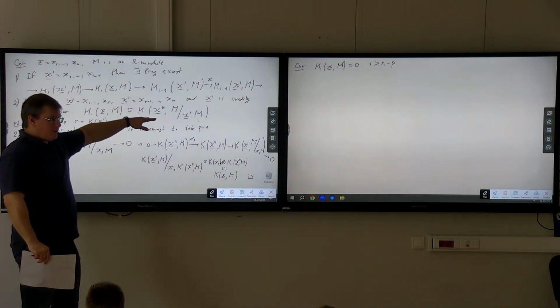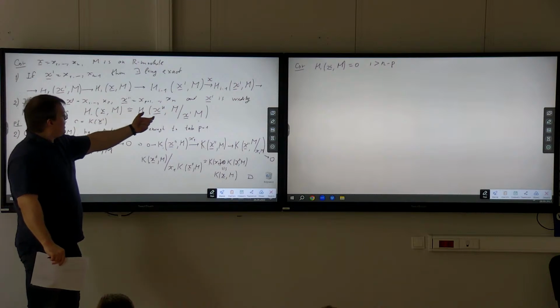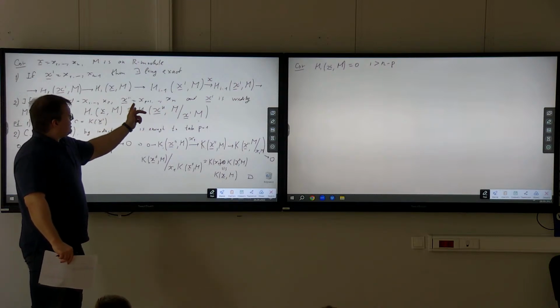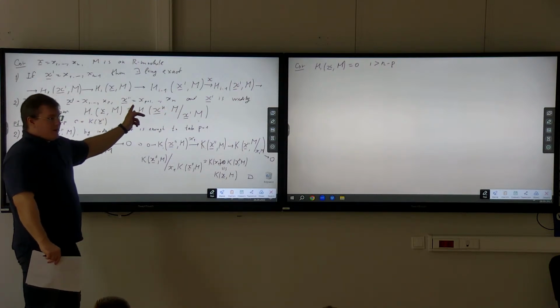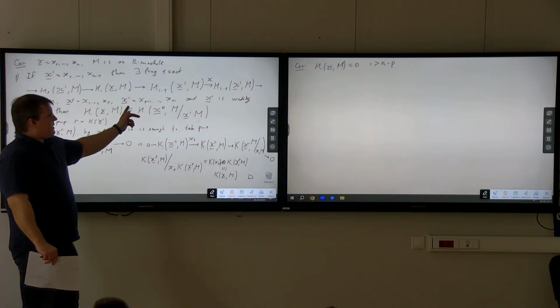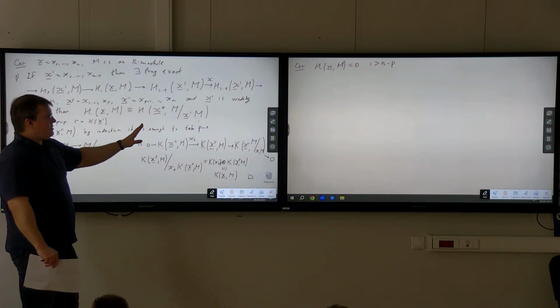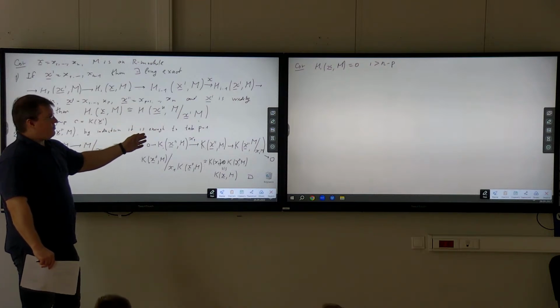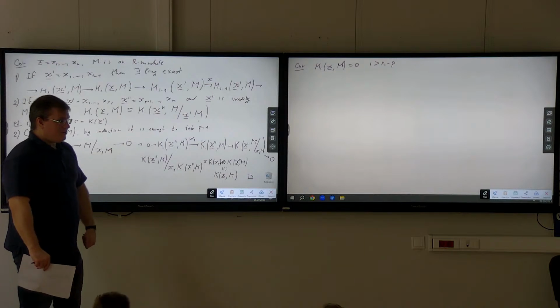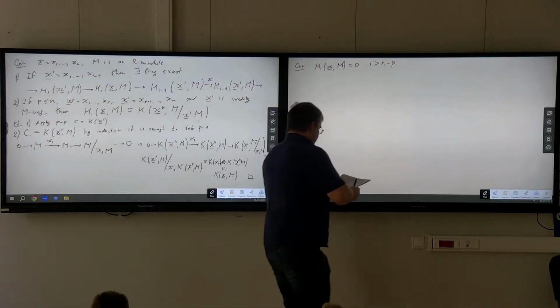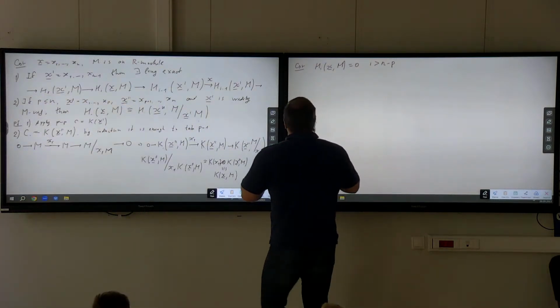But this is homology for the x double prime, which is a sequence of length n minus p. So by construction of the Koszul complex, there is nothing in degree greater than n minus p. So not just homology, but there is nothing in the complex. Okay.